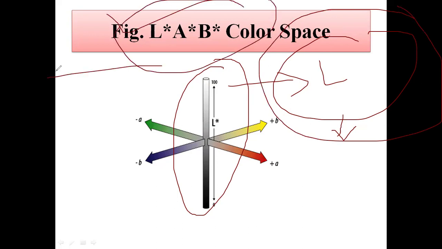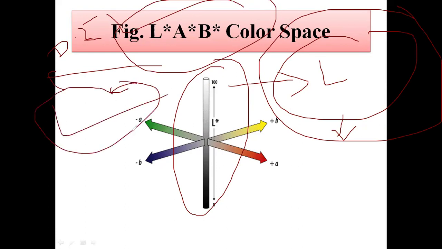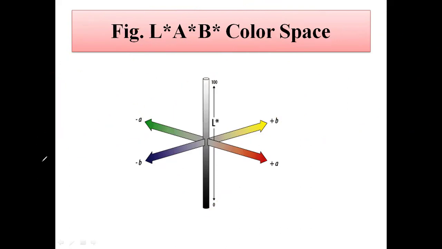So two benefits we have directly seen. One is that it is device independent, and another is that there is a special channel, L star, where we can deal with the intensity values without affecting the colors. So guys, I hope this is sufficient for what you have to know about this color space.